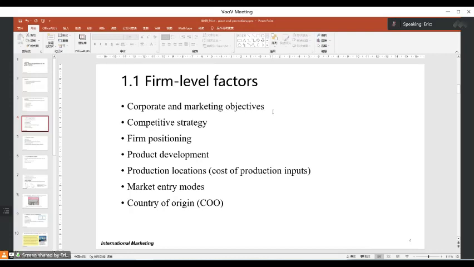Another is about the strategy, the company's competitive strategy. Because we will find that we have a lot of competitors. So how do we compete with each other? Especially in a perfect competition market, you should carefully deal with the price. And in the oligopoly market, there are not so many competitors, just a few.